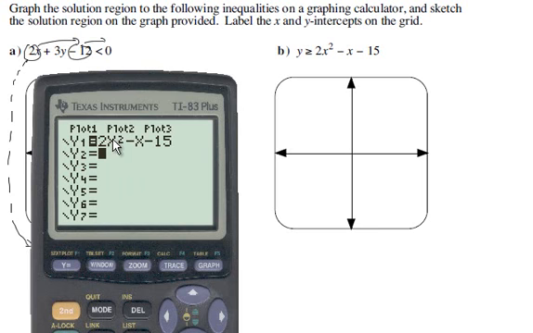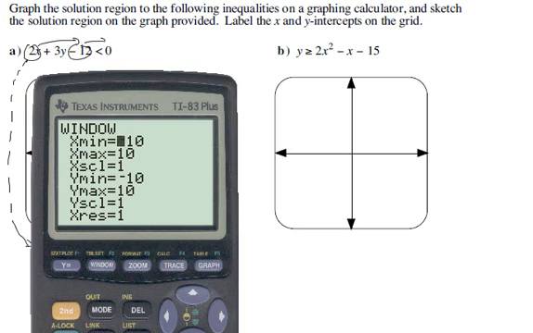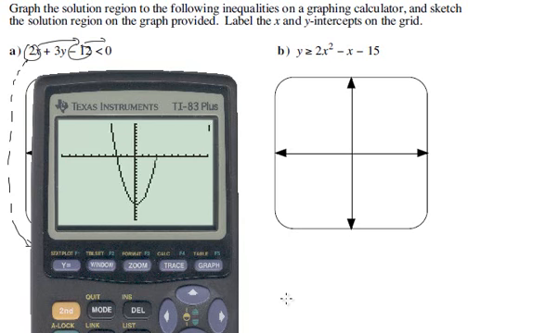And notice as soon as you clear an equation, it resets you back to the draw it with a skinny line mode, which is what we normally use. So when you graph that, you get a quadratic. It bugs me to not be able to see the vertex, so I'm going to lower my y minimum a little bit to get that onto the screen. That's a lot better.